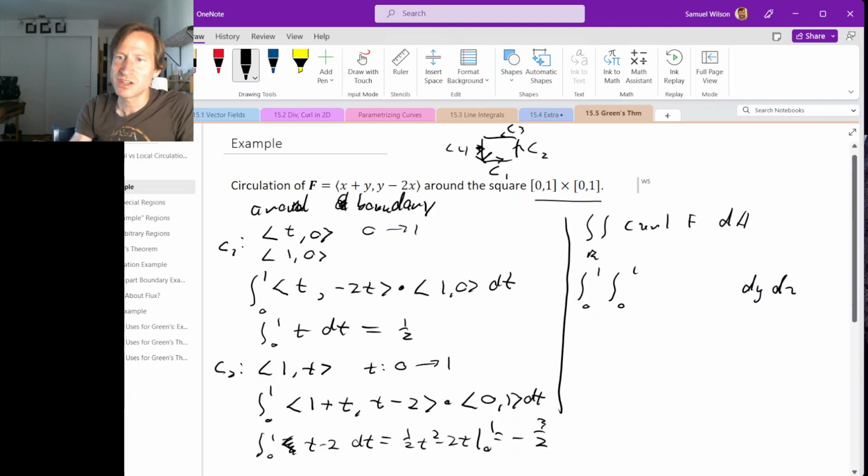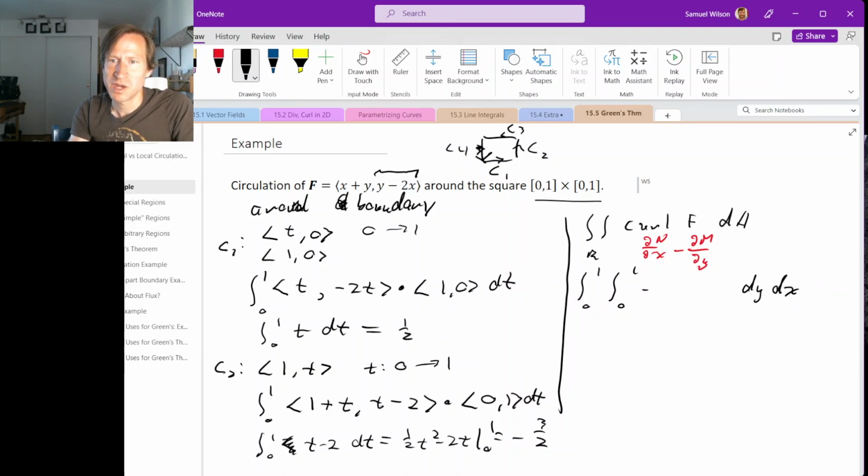Now we just need to calculate the curl of this vector field. So this first bit, we need partial N partial x minus partial M partial y. So that's going to give us minus 2 minus 1.